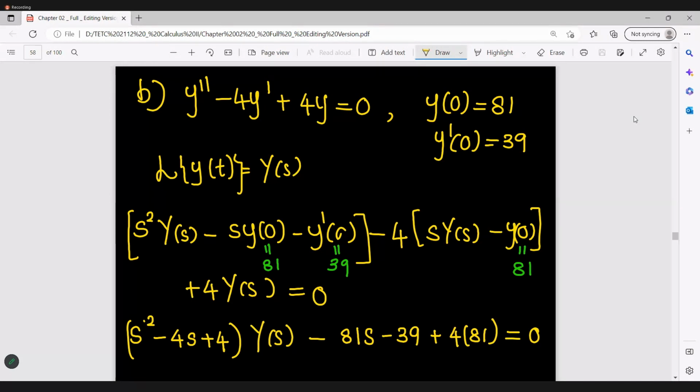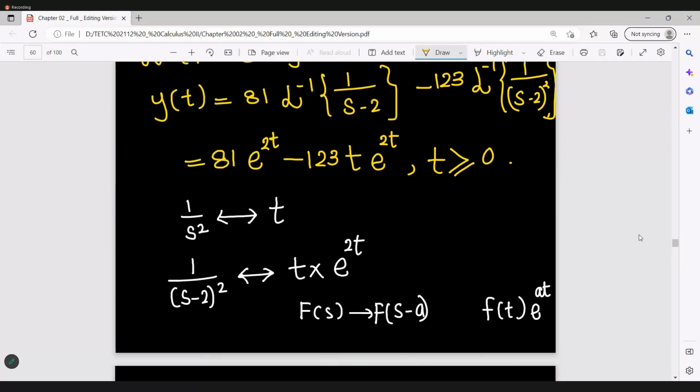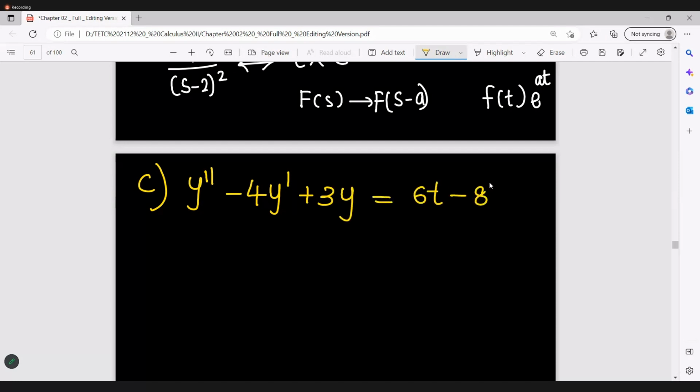Okay, try to do this third one, part C, 6th question. So we are going to do problem number 6, part C. The problem is y double dash minus 4y dash plus 3y is equal to 6t minus 8.